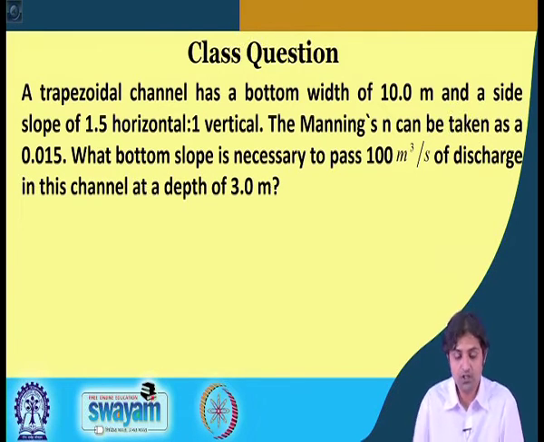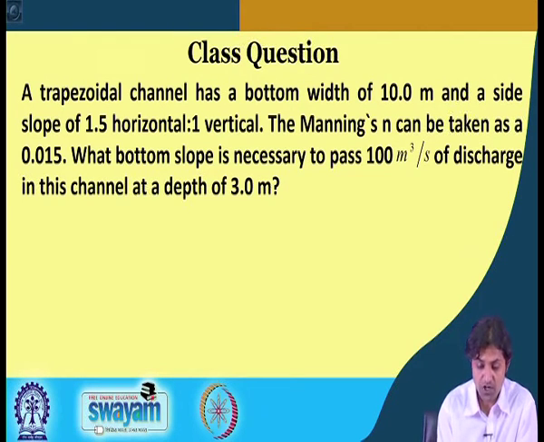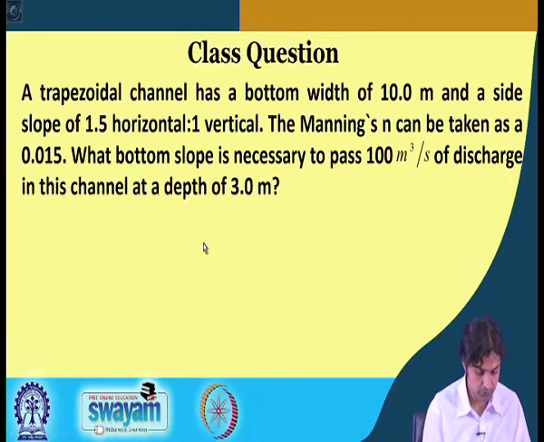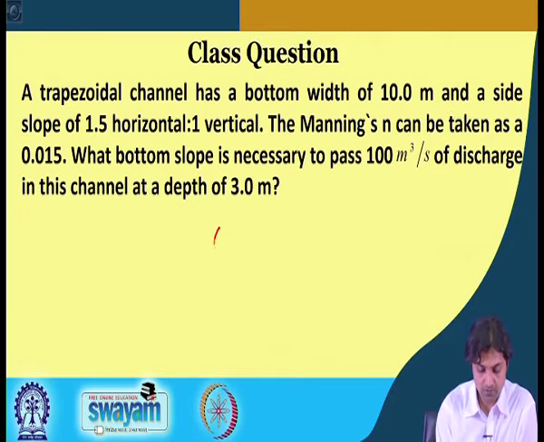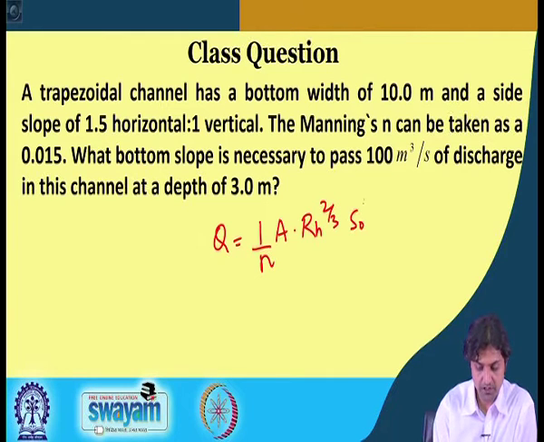See, on all these questions, the formula is Q equals 1 by n into area into R_H to the power 2 by 3. You see what all things are given: n is given.